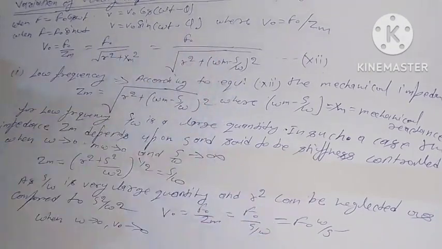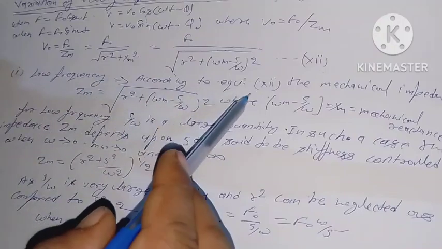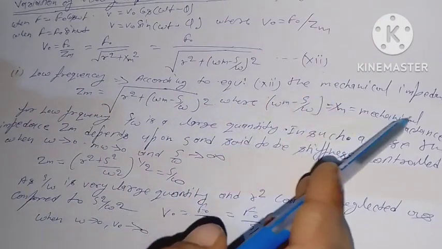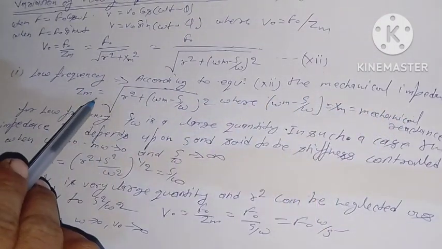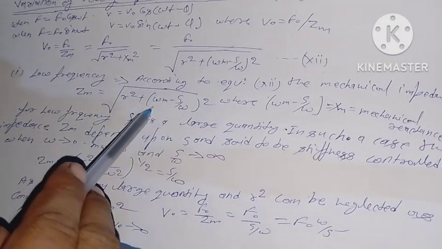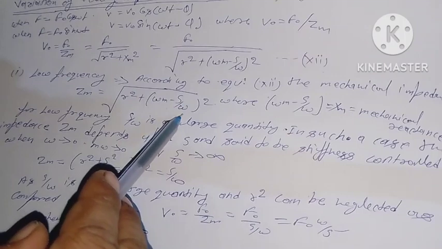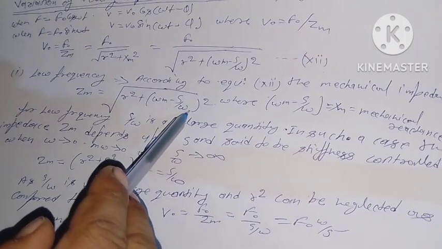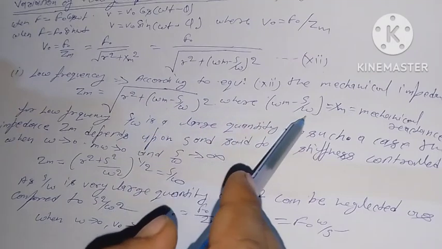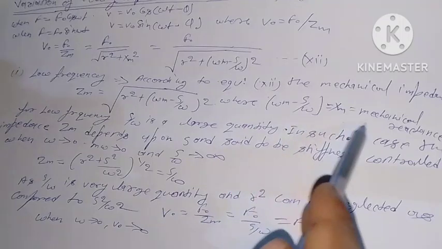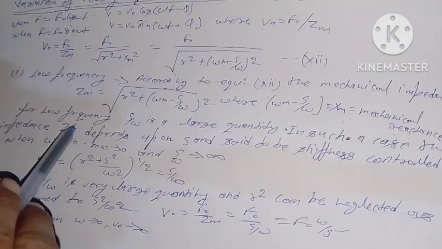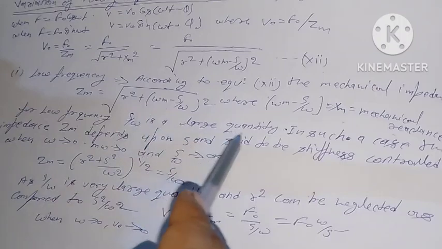Then at low frequency, according to equation number 12, the mechanical impedance Zm equal to under root of R square plus (omega m minus s by omega) whole square. For low frequency, s by omega is a large quantity.